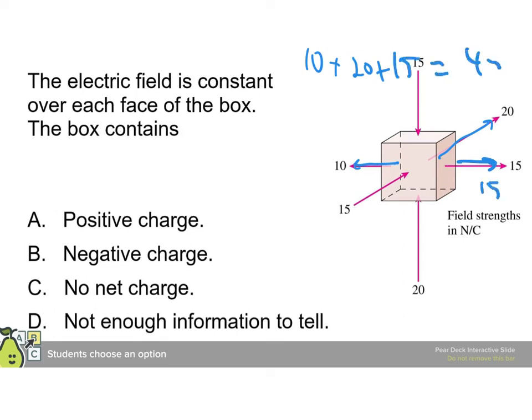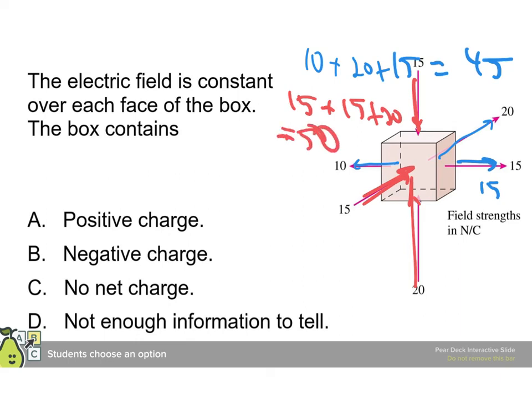So that is 45 exiting the box. And entering the box, we have 15 plus 15 plus 20, and that's 50. So there are more field lines entering the box than exiting the box, which means some of them must disappear inside the box, which means there must be negative charge to act as the sink for that field.